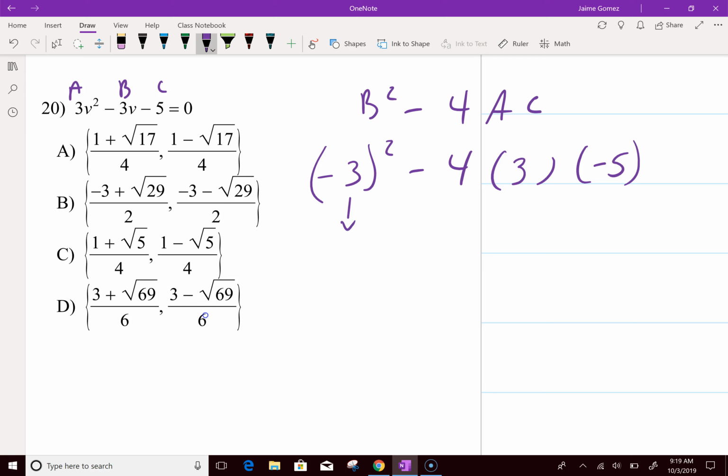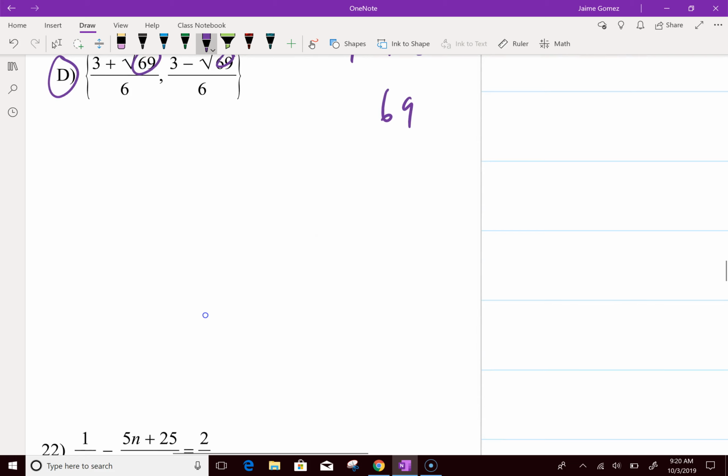Negative 3 squared means negative 3 times negative 3, that is a positive 9. Negative 4 times 3, that's negative 12. Negative 12 times a negative 5, that's positive 60. 9 plus 60. There you go. Only number there. Easy peasy.